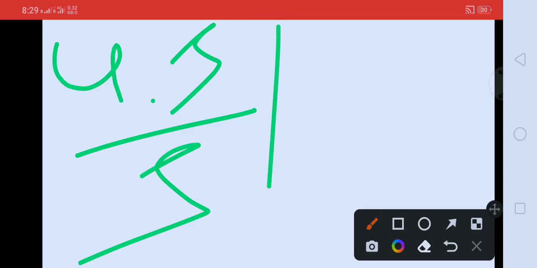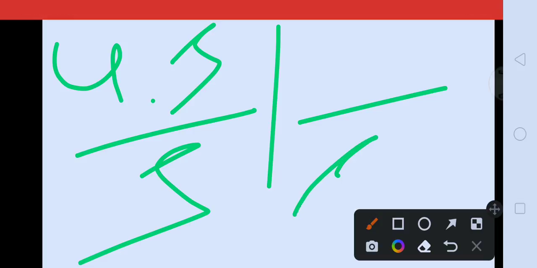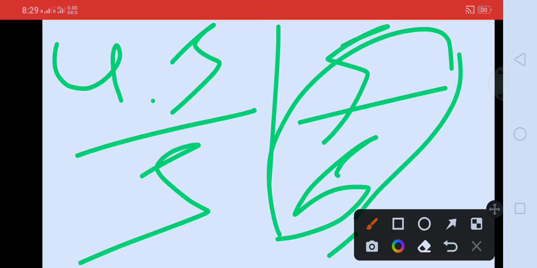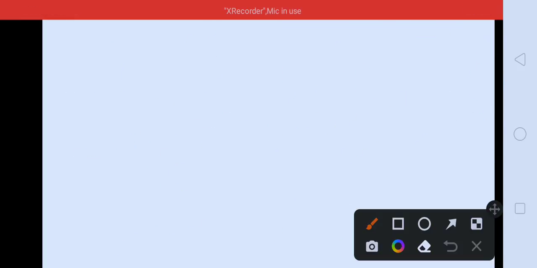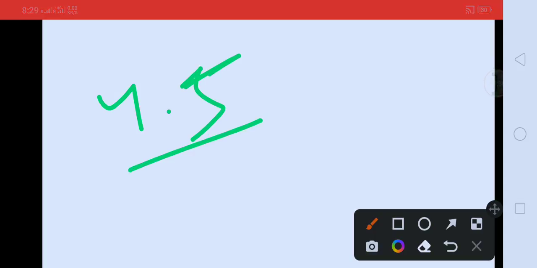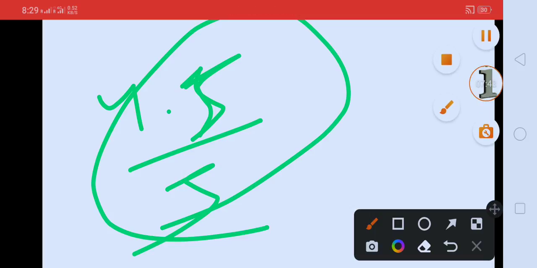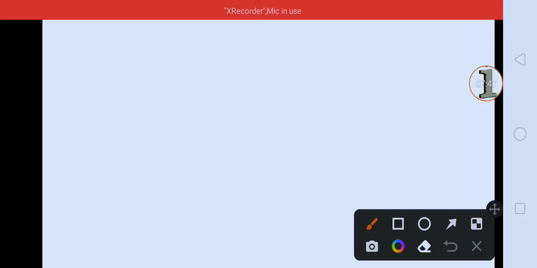Because most of the time students do not get 5 out of 5 if the teacher finds any spelling mistakes. So no issue if you don't get 5, even 4.5 is not a bad score out of 5. But still, if you practice a lot, then you can get full marks also.